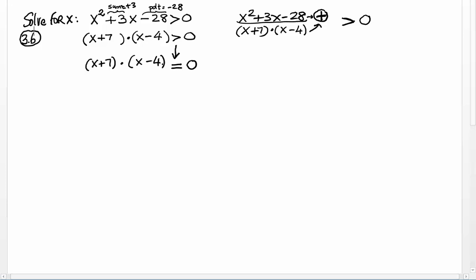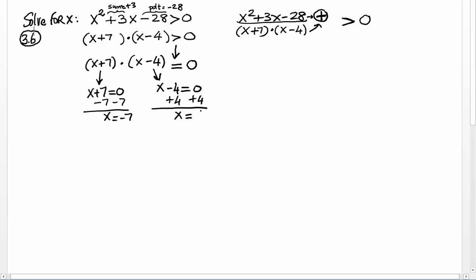So a product in math is 0 if either the first factor x plus 7 is 0 or the second factor x minus 4 is 0. Solve those two simple equations for x and you get two values of x that cause this to happen, and they are x equal to negative 7 and x equal to 4. Those are called boundary points.